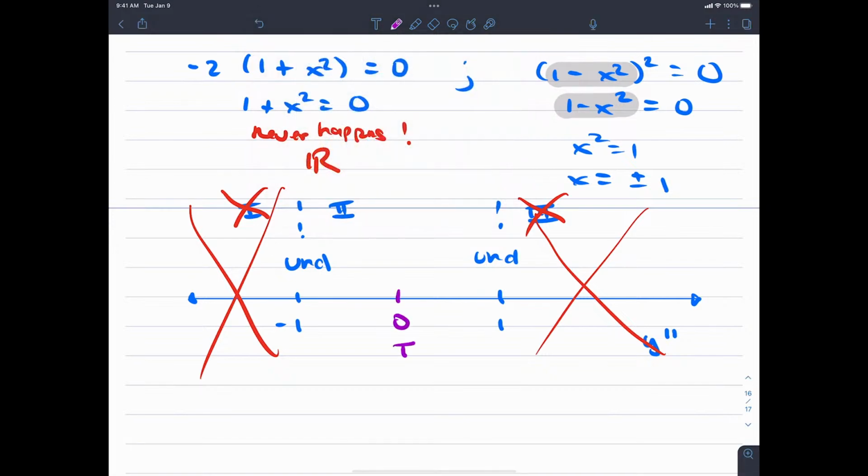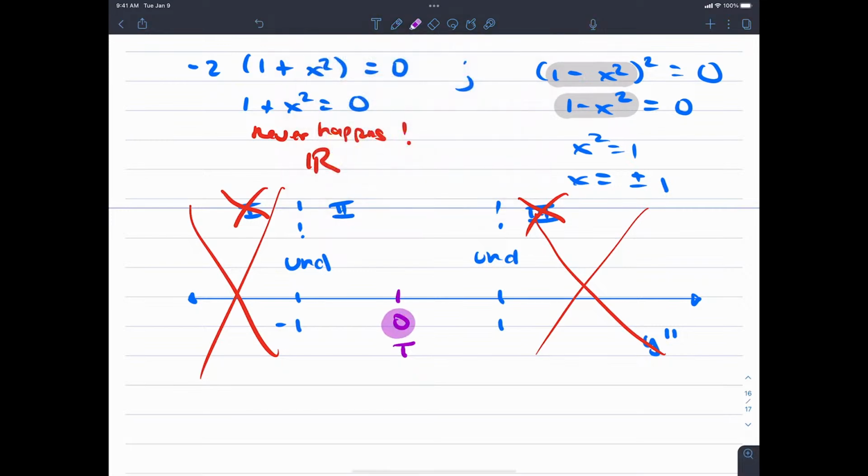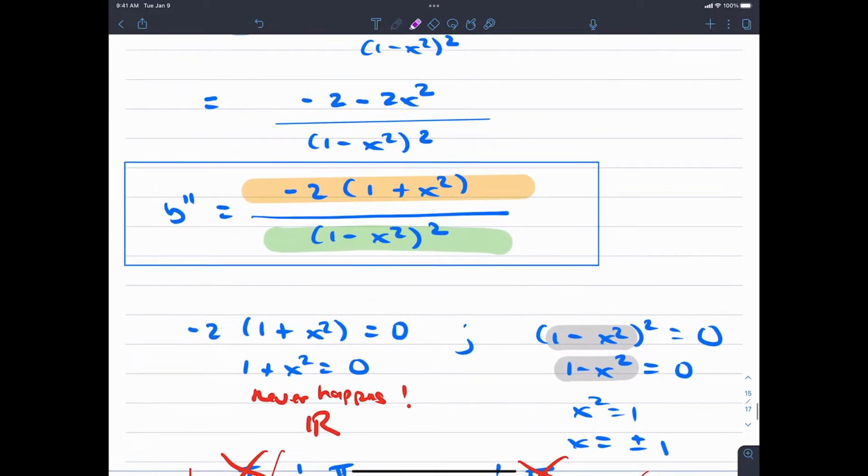You guys know why that's always a great idea? Because arithmetic with 0 is the easiest arithmetic you can do. So if I plug in 0 on the second derivative, plug in 0 here, plug in 0 here, do you guys know what you get? Negative over a positive.